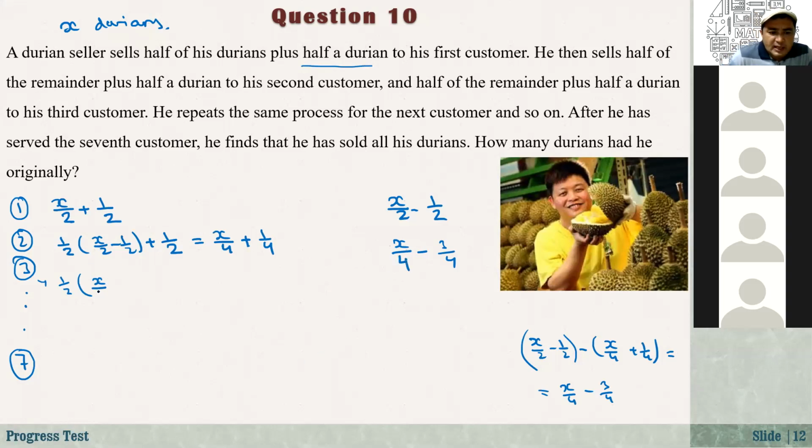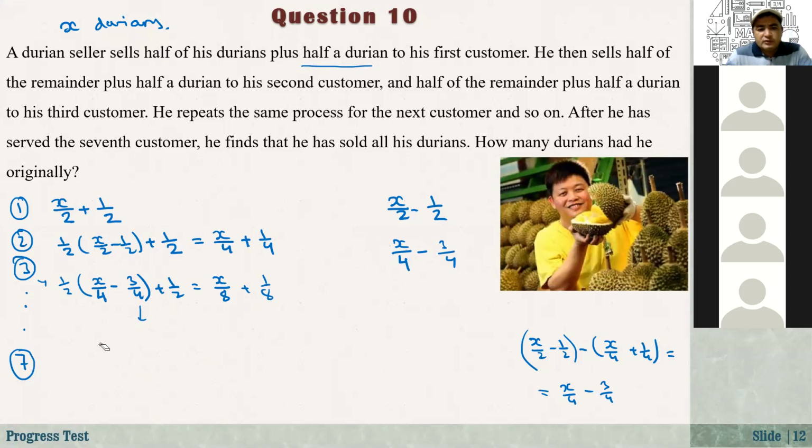So that is x over 4 minus 3 over 4, plus 1 over 2. That's equal to x over 8. And here we have minus 3 over 8 plus 1 over 2, right? So what is this? Minus 3 over 8 plus 1 over 2, that's equal to 1 over 8. So here we have plus 1 over 8.